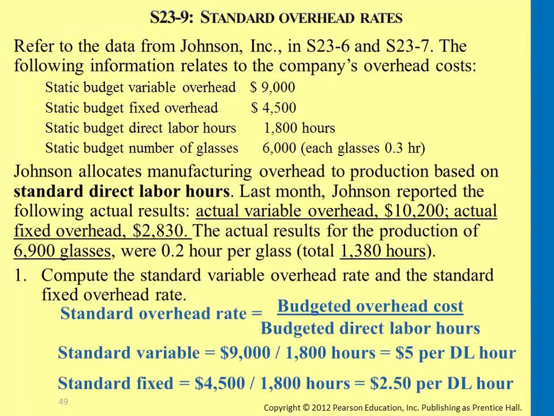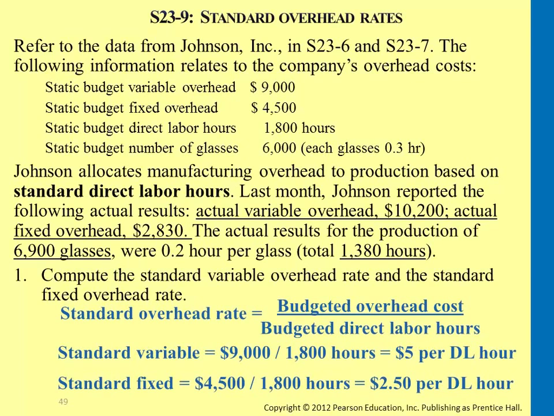What about budgeted hours at the level of 6,900 glasses? What we got earlier, the 1,800 hours, is based upon 6,000 glasses. But now the flexible budget should be adjusted to 6,900 glasses instead of the original 6,000. So for the 6,900 glasses, based on the rate, each glass should have spent 0.3 hours on it.